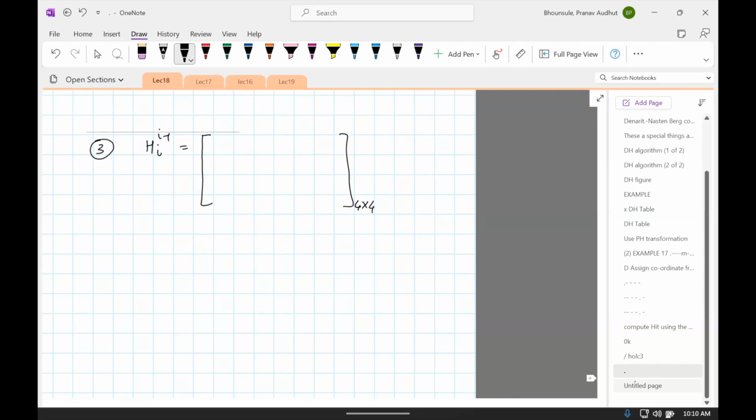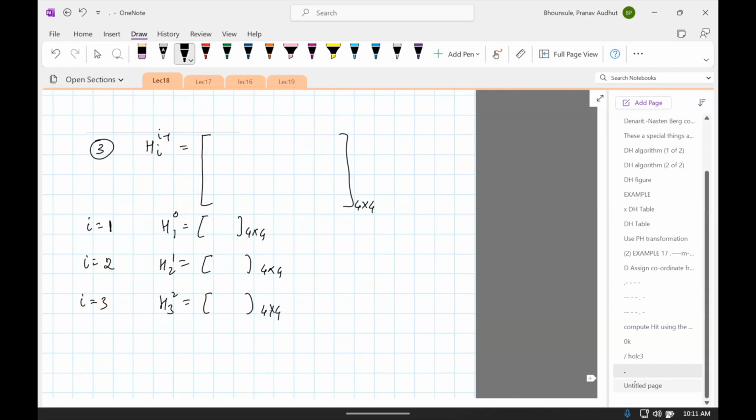But in this matrix, you need to put i equals 0. You will get H1 with respect to 0. It will be some 4x4 matrix. Then you put i equals 1, my bad, i equals 2, H2 1, 4x4, i equals 3, 4x4.